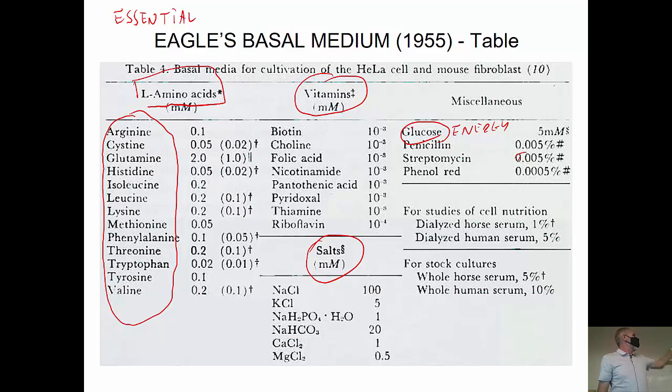But the reason is that all these nutrients also make the media a great place for bacteria to live. Our cells take around 24 hours to divide, but bacteria can divide in 20 minutes or so.